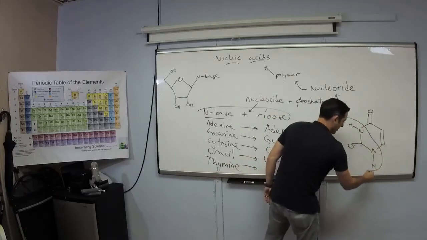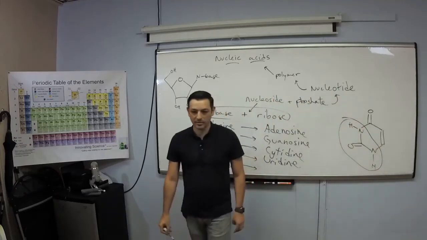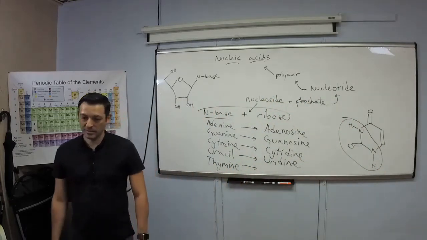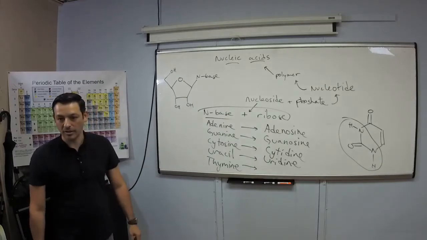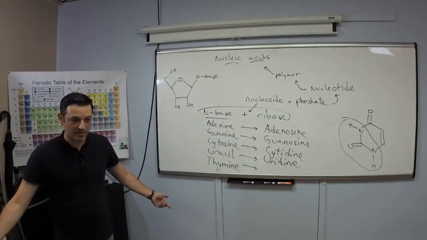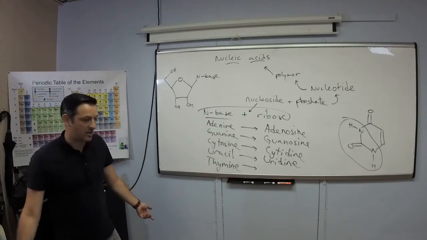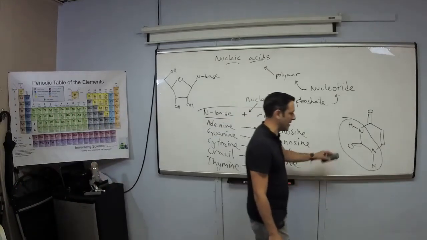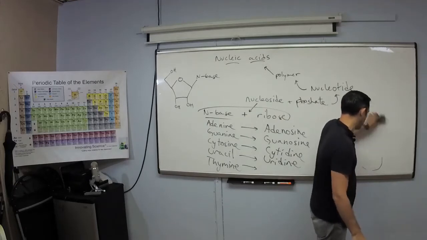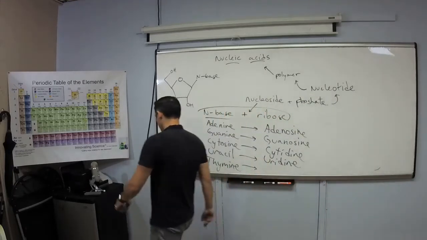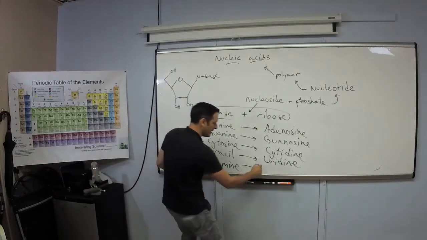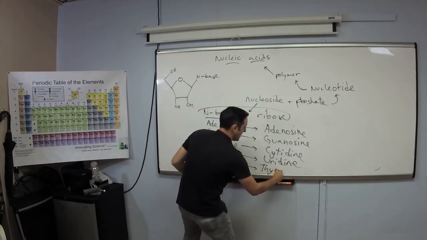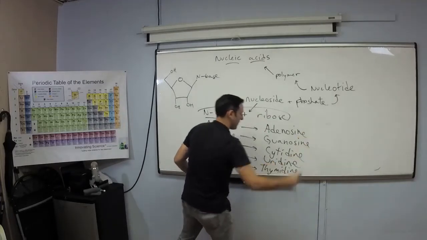What do you see over here, in case you know what that is? That is a urea, actually. If I have a carbonyl with 2 NH2s on the sides, that's a urea. So maybe it has something to do with the urea cycle. Maybe it just has a urea in it, so it's called uracil. Uridine. And thymine? Thymidine.